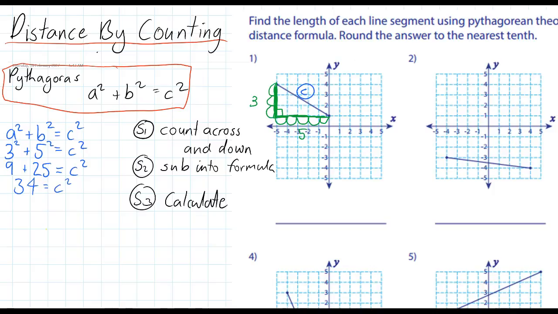So 34 is the length of that side squared, so I square root it. Square root of 34 will give me my c. C is the square root of 34.